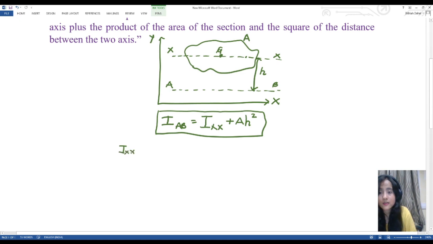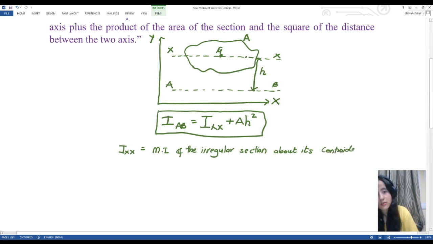Ixx here is the moment of inertia of the irregular section about its centroidal x-axis.